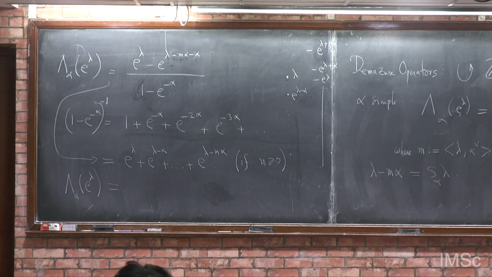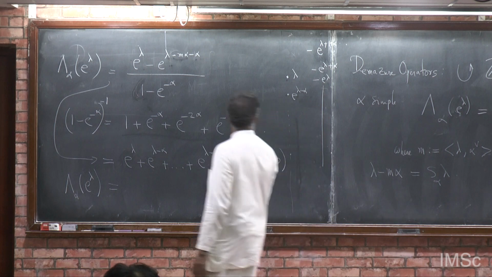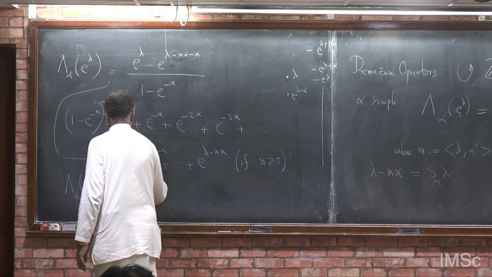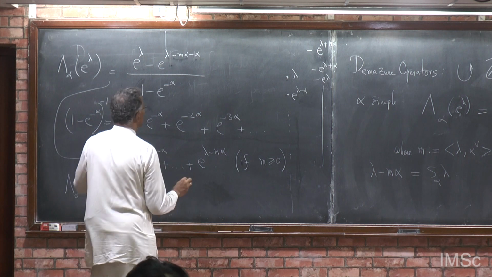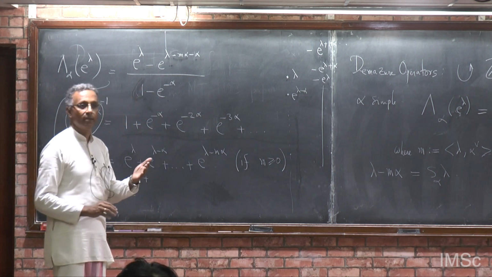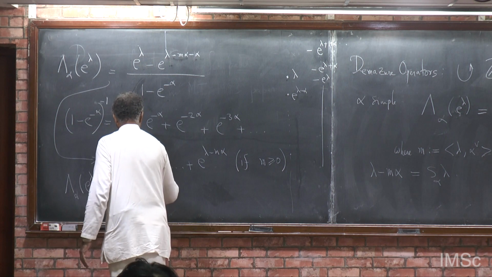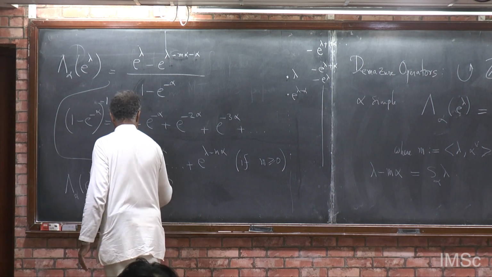Correct? So what do I get? This is e to the lambda plus, so I always get confused. So m is negative, right? So I should write minus m, okay, minus alpha, correct. That's easy to see.